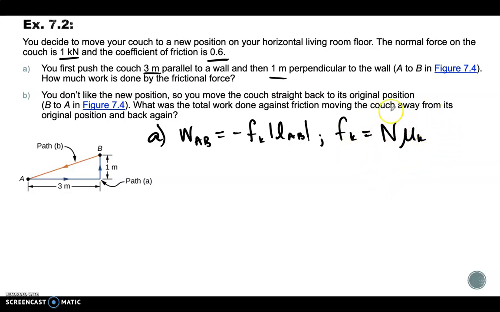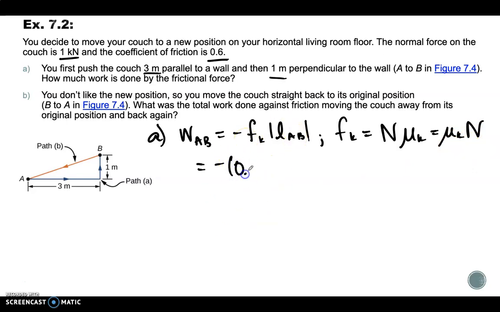We want to keep that in mind when plugging all of this in. So our work is going to be negative mu sub k times N. I believe that's how your book has it. It doesn't matter, you're multiplying.